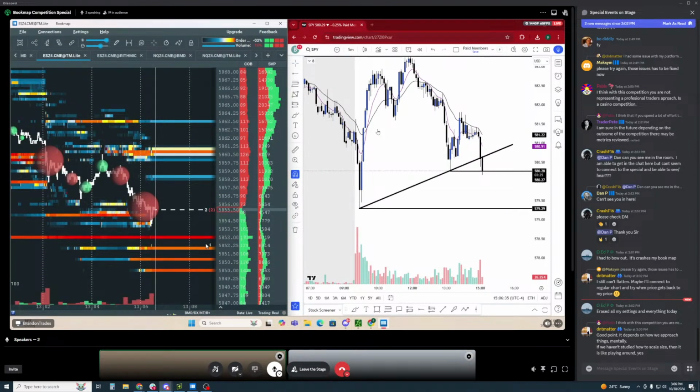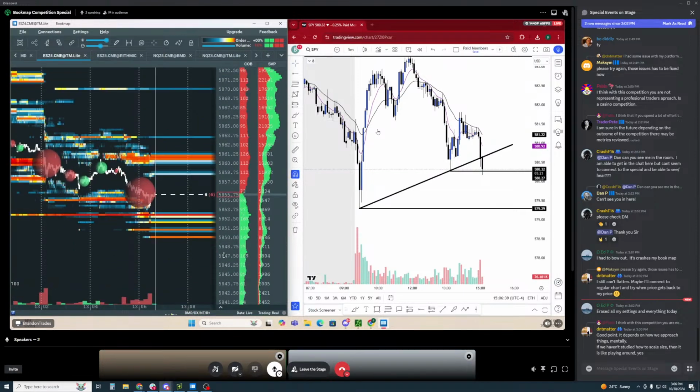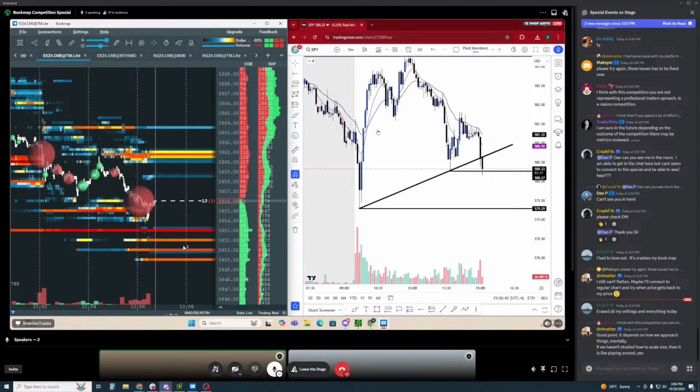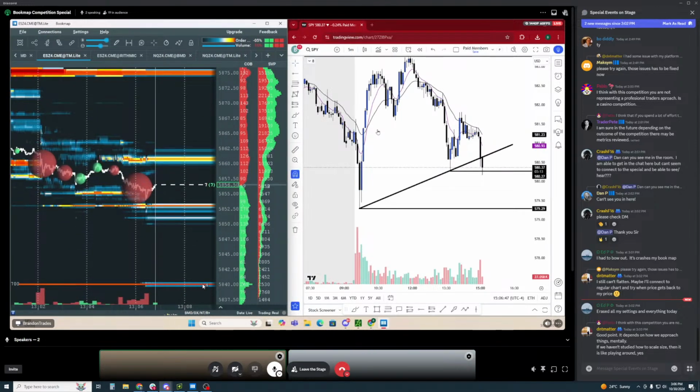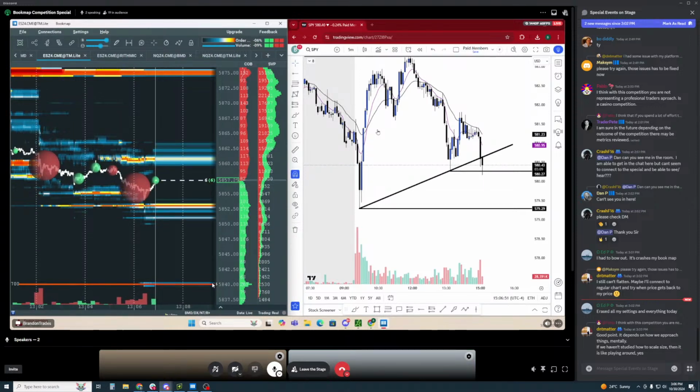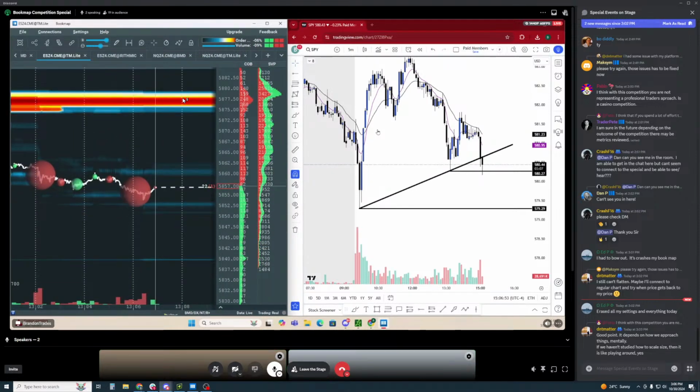We do have some smaller orders right here, but it's not anything alarming that I would watch. There could be a possibility we bounce here. If I were to watch an area, it looks like here would be our best bet, or all the way up here.